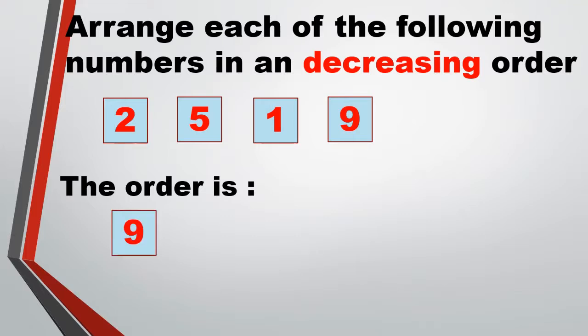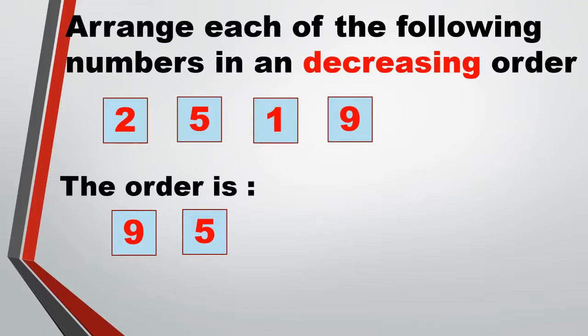As we are moving backward, which number is less than 9 here? Right, 5. 5 is less than 9 here and 5 comes just before 9.